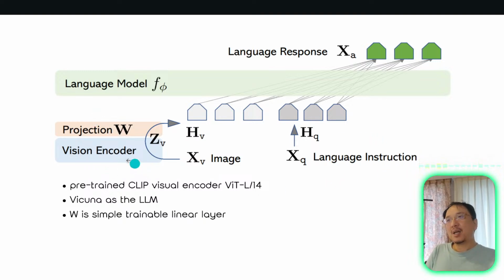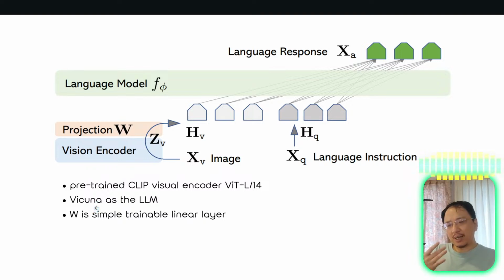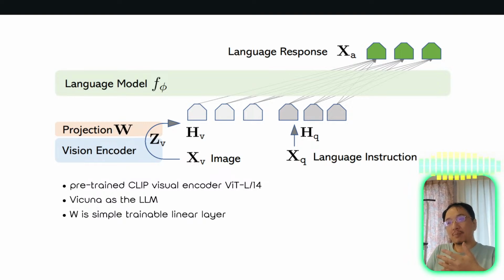The model of LLaVA is pretty simple. It has a vision encoder, like CLIP ViT-L/14. You can use any, but it uses CLIP. And for the language model, it uses Vicuna, because back then, Vicuna was one of the best fine-tuned, customized models from Llama.